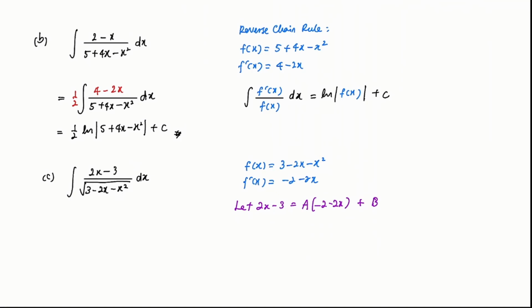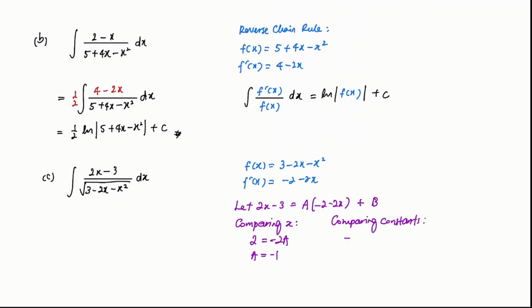So what you can do is compare coefficients. Comparing the x term, 2 on the left hand side will become negative 2a on the right hand side, 2ax. So a would be equal to negative 1. Then, no choice, we want to compare constants.